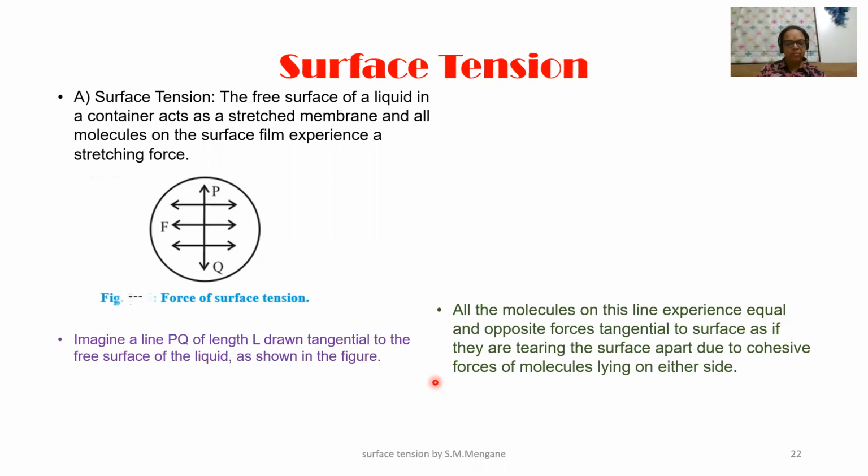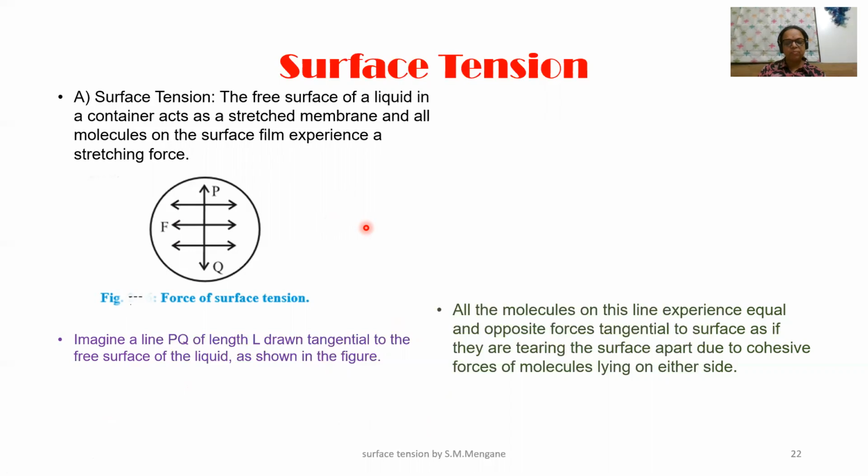into a sphere, because for the same quantity and same volume of water, if we calculate surface area, the surface area of the sphere will be less and that of the cube will be more. Also, the surface area of a cylinder or cone will be more, provided all volumes are the same.